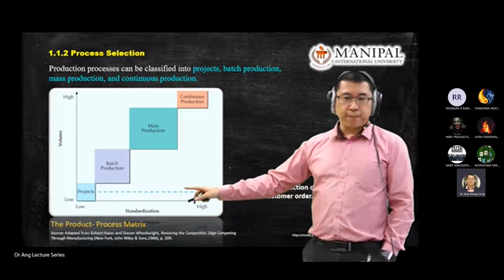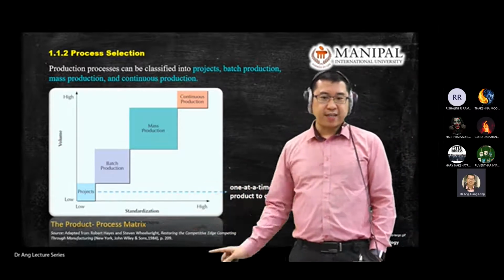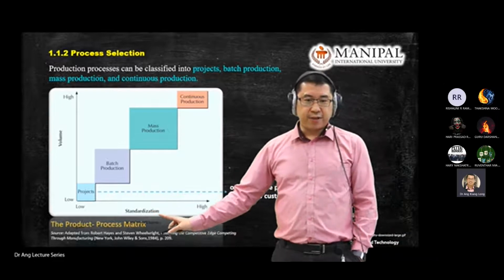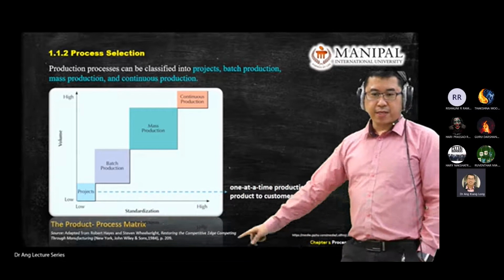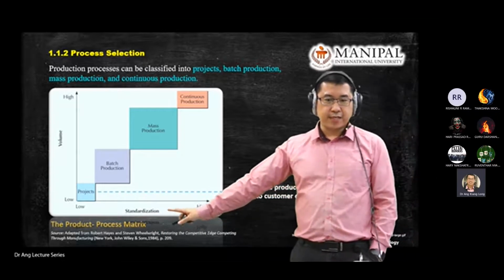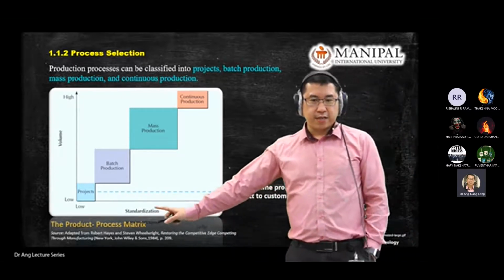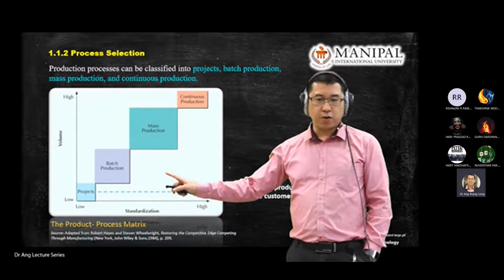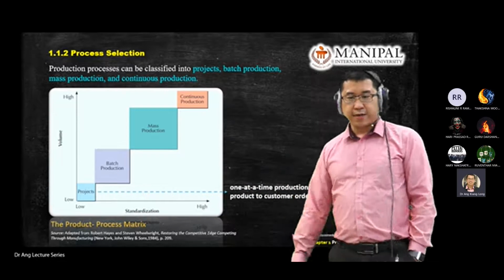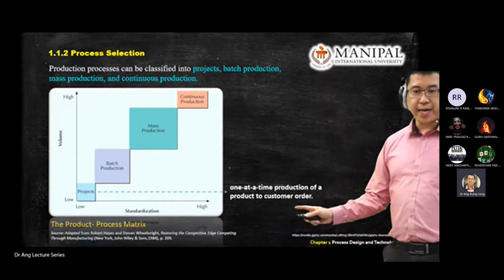You only make one cake, and the standardization number is very, very low compared to other processes. That is a baking cakes example.